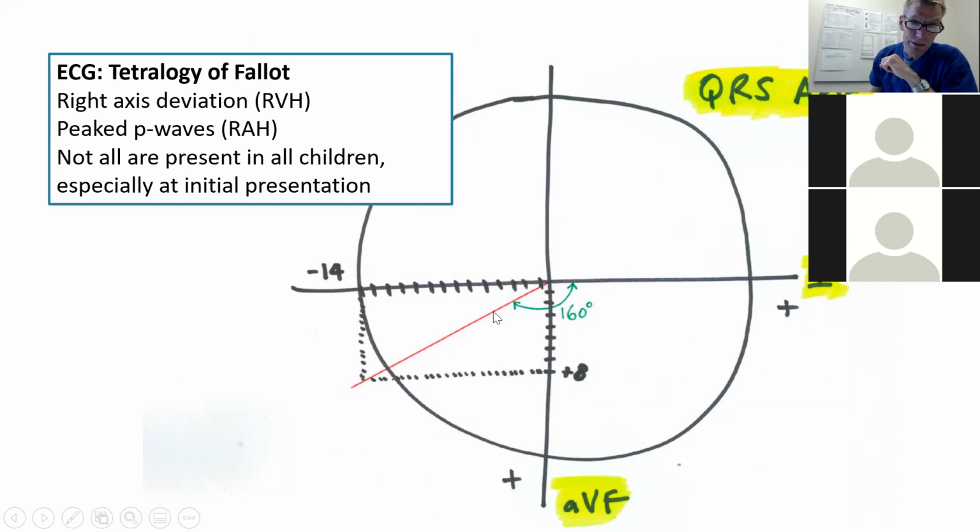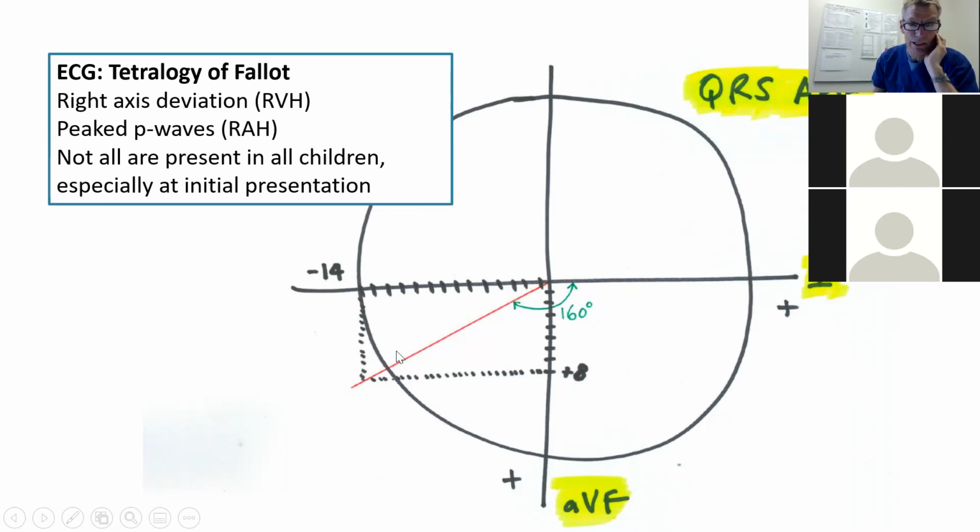And so the vector, the QRS vector, or the QRS axis, is about 160. So it's not in this quadrant, and it's beyond halfway in this quadrant to be about 160 degrees. So that's quite a large right axis deviation, depending on the age of the child.